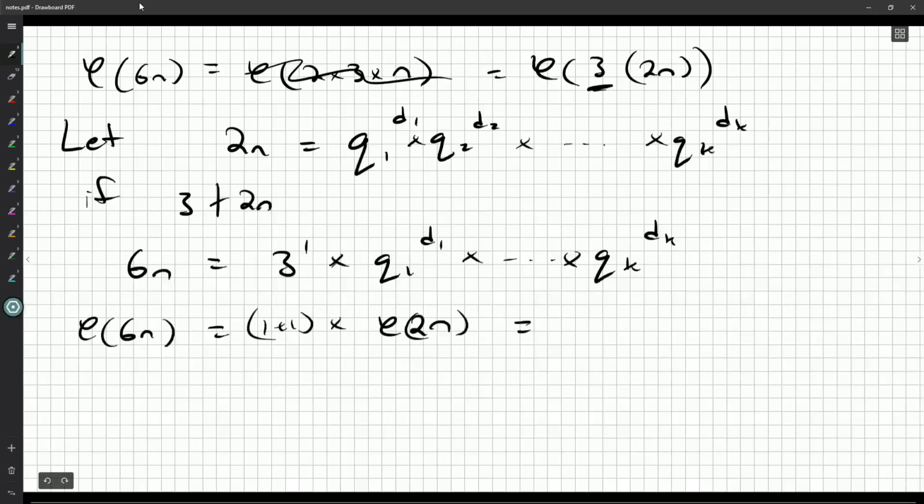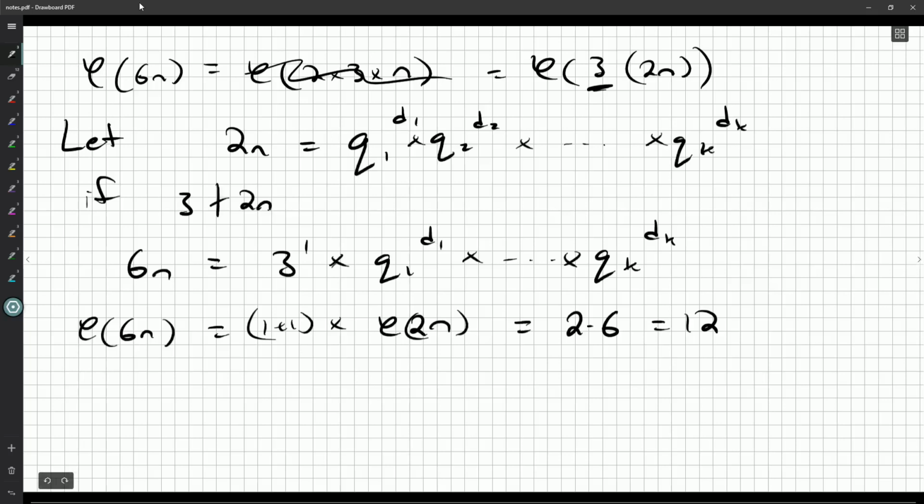And I know phi 2n is 6. So I could get 2 times 6, 12. So 12 is a bare minimum answer. But it's not the only one we could have. So we could get something else here.